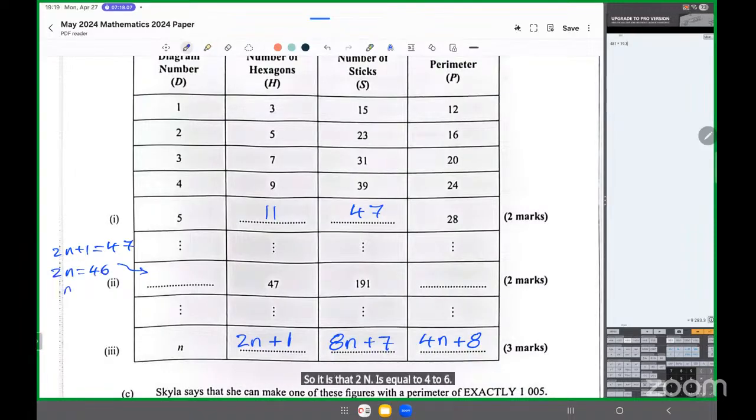Divided by 2, n is equal to 23. So right here, it's 23. Now that we have 23, you can take the 23 and drop it into this formula right here to see what this is. All right? So over here would be 4 times 23 plus 8. What will it go to?